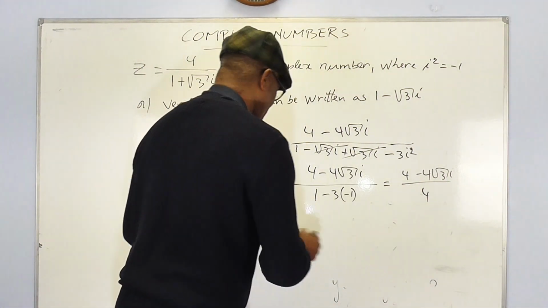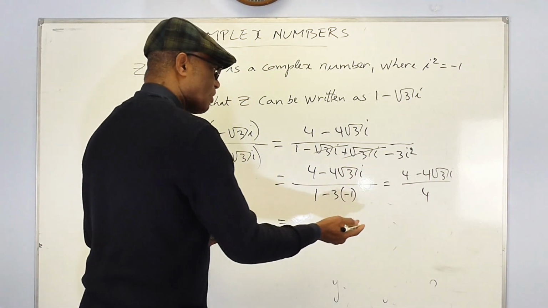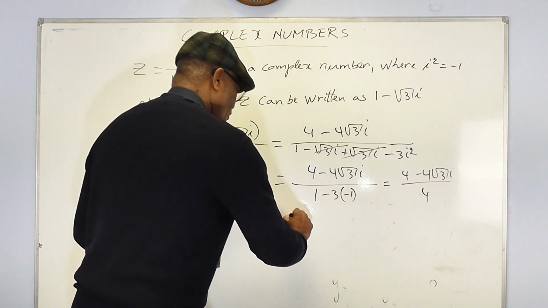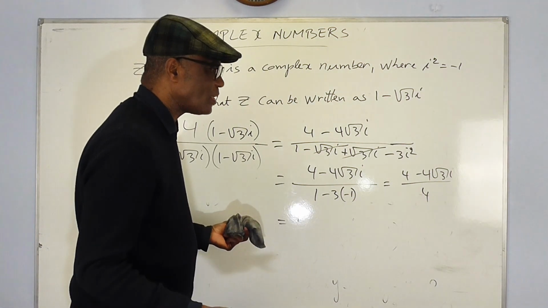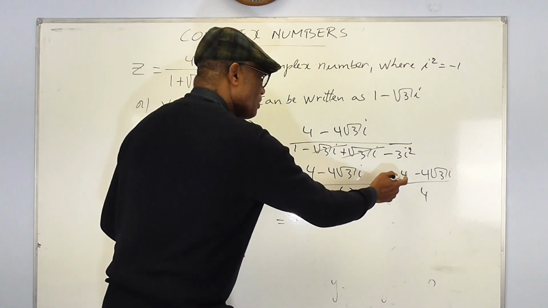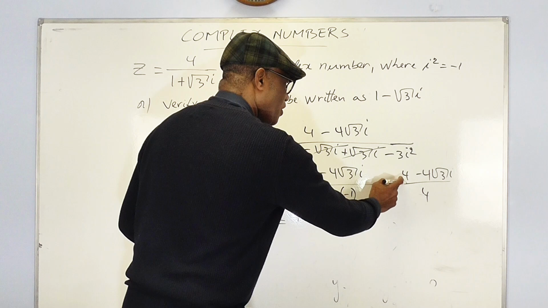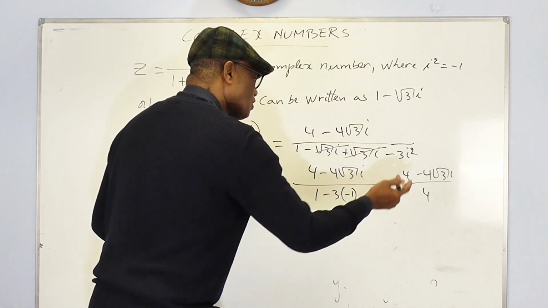And then, look what we can write there. The 4 is a common factor, both for 4 and minus 4 square root of 3 i.